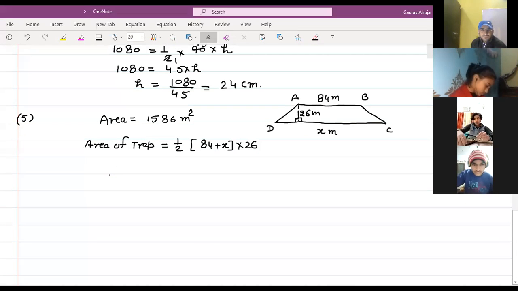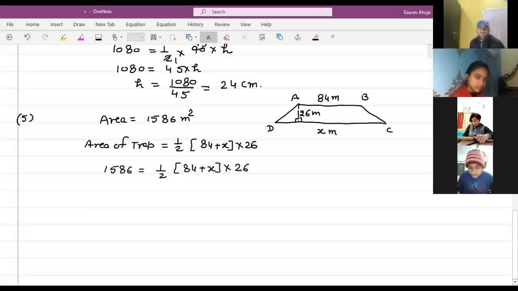हाँ जी. So area of trapezium: 1586 is equal to half, 84 plus x, multiplied by 26. Now listen बच्चों, how we solve that part. If I were in your class, I would be multiplying 26 inside the bracket.